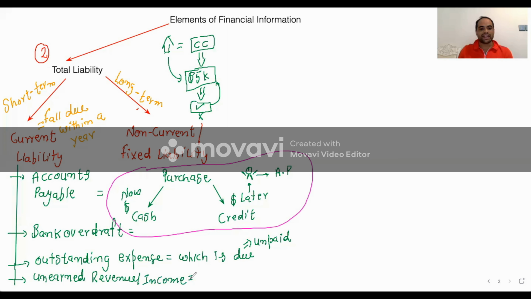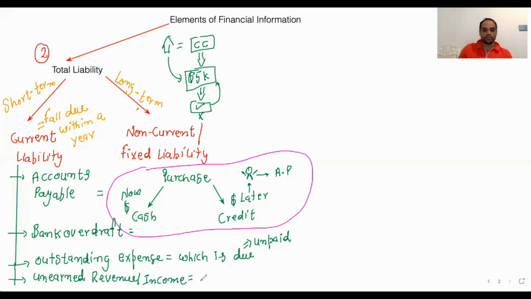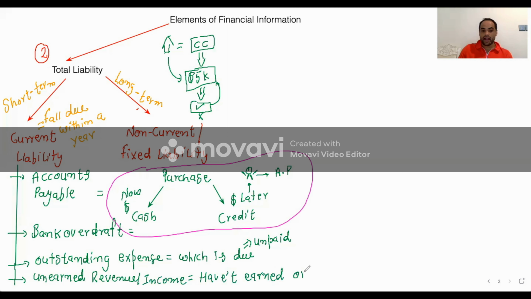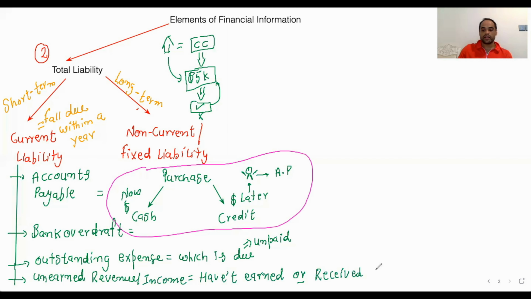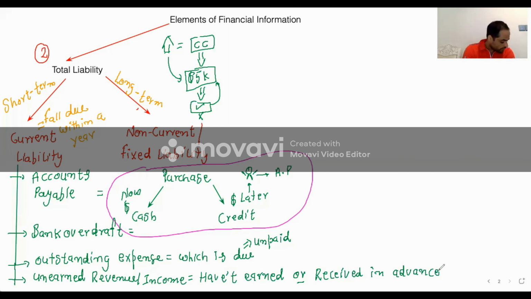Unearned income is any kind of income that you haven't earned, or any kind of income that you receive in advance. The income that you have received in advance, that's called unearned income.